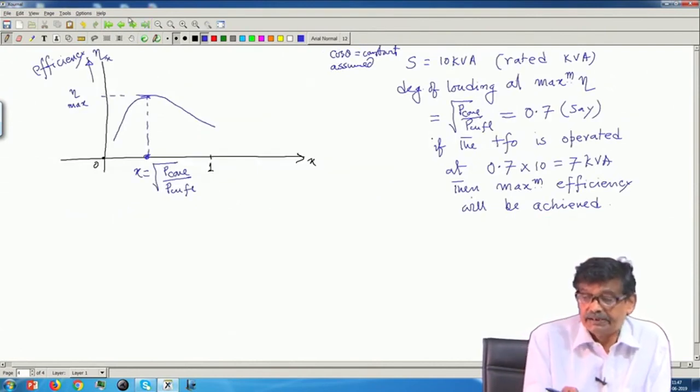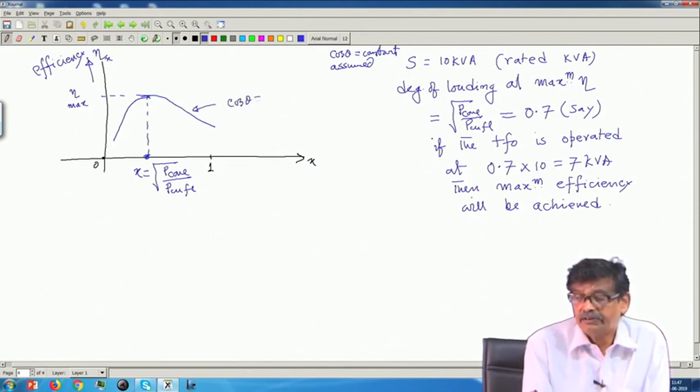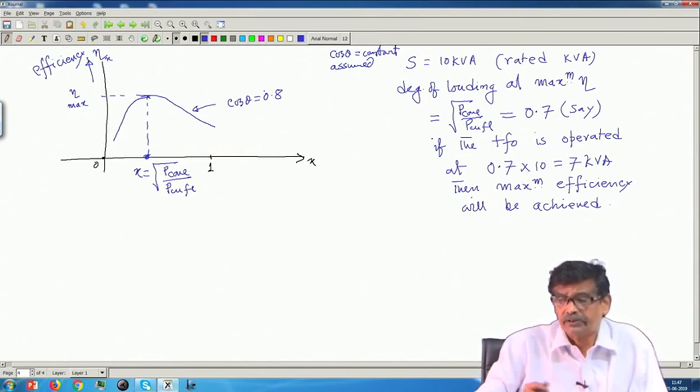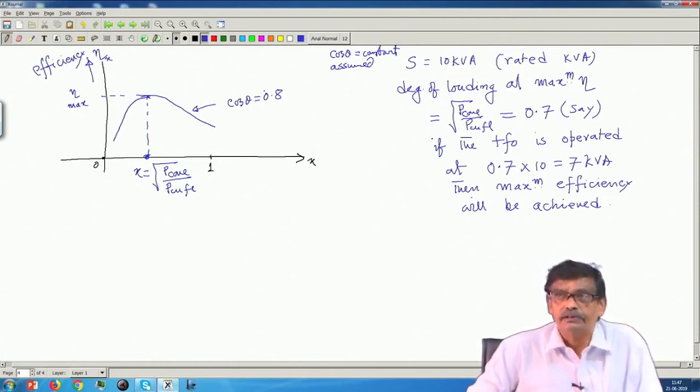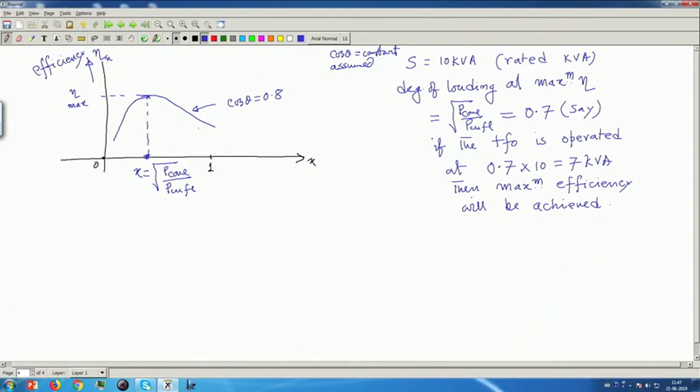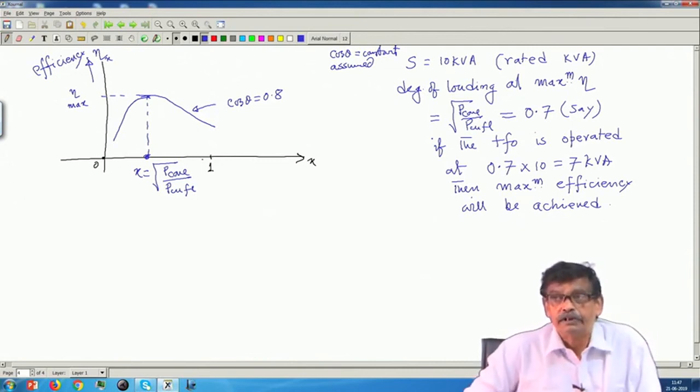Therefore, I should attach to this curve a tag saying that this is, for example, for cos theta equal to 0.8. Leading or lagging does not matter, no point in qualifying it further, because output power is x into s into cos theta. So, I must attach another parameter to this curve, that this curve has been achieved when you kept cos theta equal to 0.8.